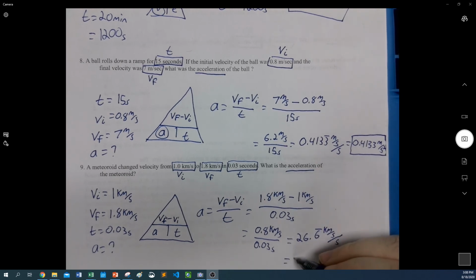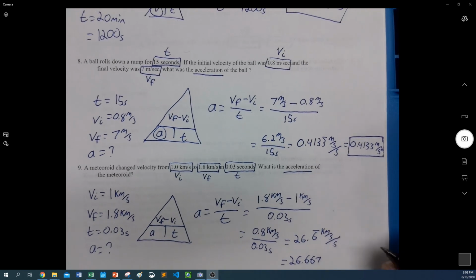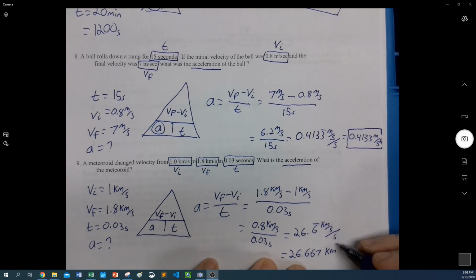But I prefer the answer where we can take this second and divide it by second. So a kilometer per second divided by second is just kilometers per second squared.